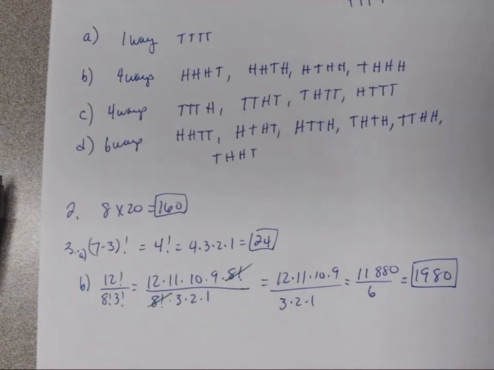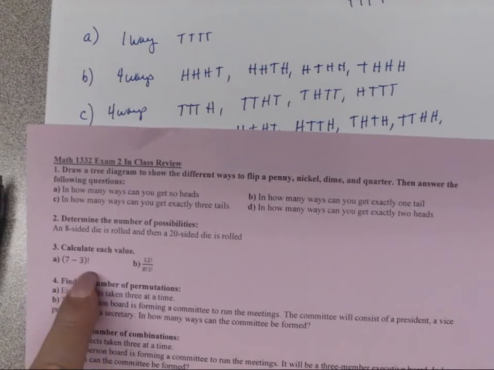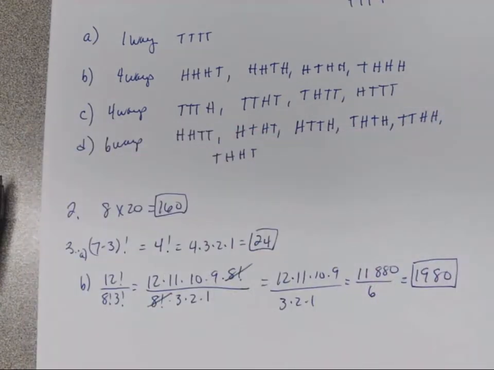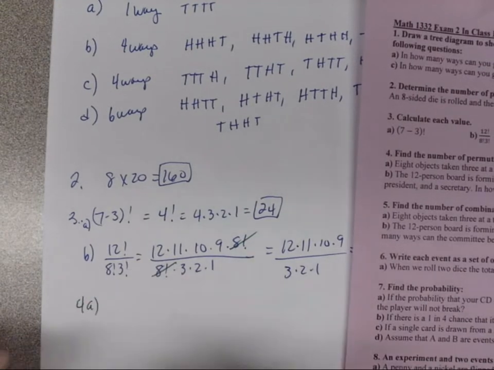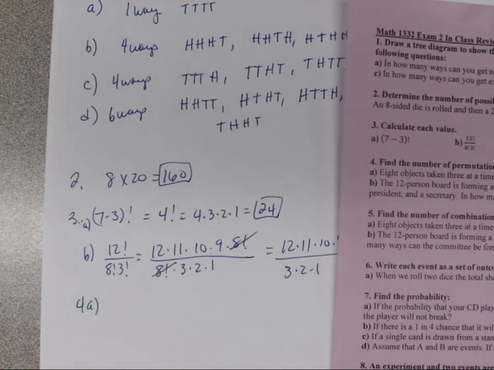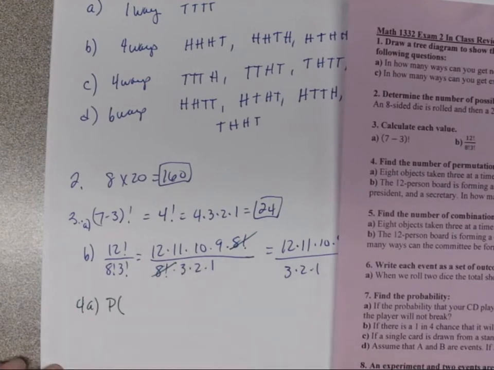All right, the next question is finding the number of permutations. When you're finding permutations, you're going to be using those factorials that we just did. So if I'm looking at number 4, part A, I'm looking at 8 objects taken 3 at a time. So the permutations is going to be your N and R. The N is the total number of objects, and the R is how many you take.